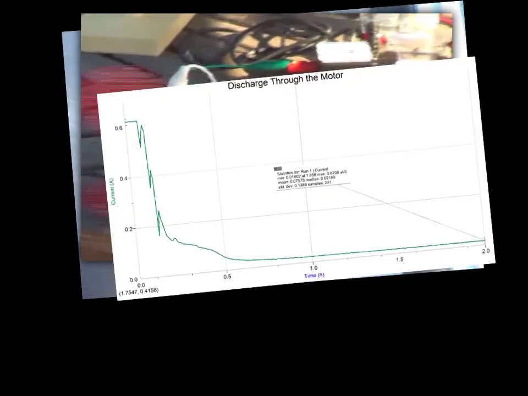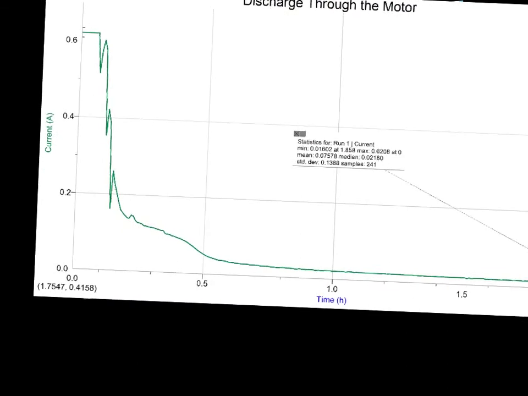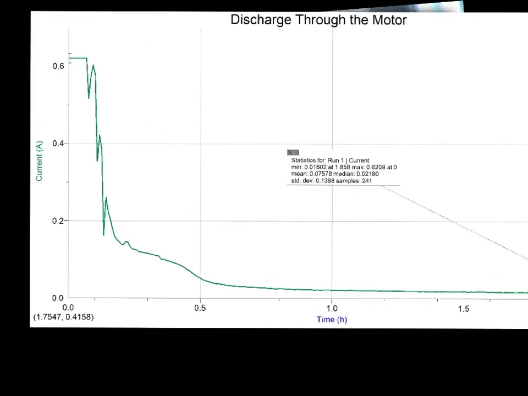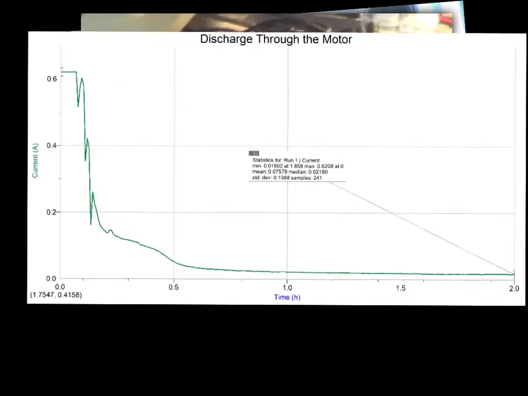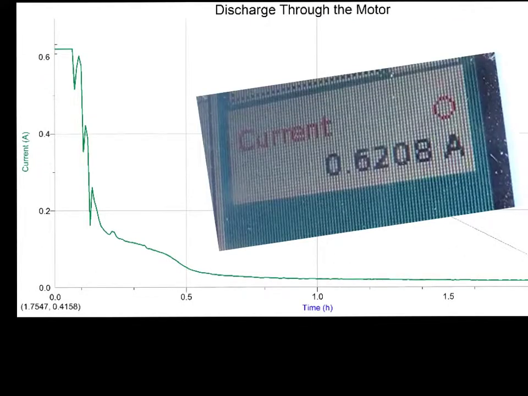Here is a graph that represents the discharge through the motor. Again, we let it run for a couple of hours and recorded the current as a function of time. Let's see if we can interpret what's going on in this graph.